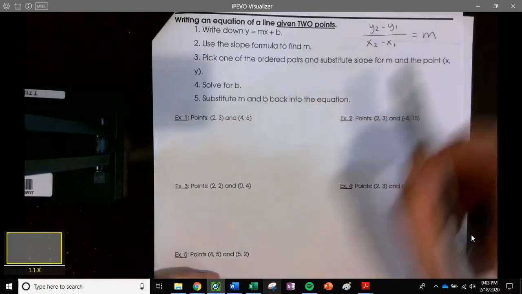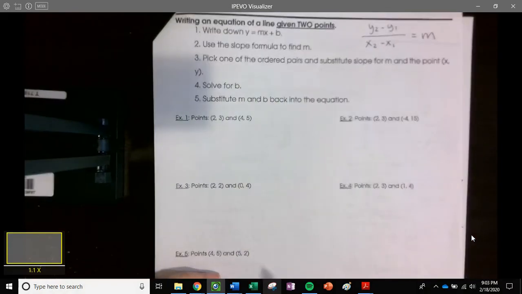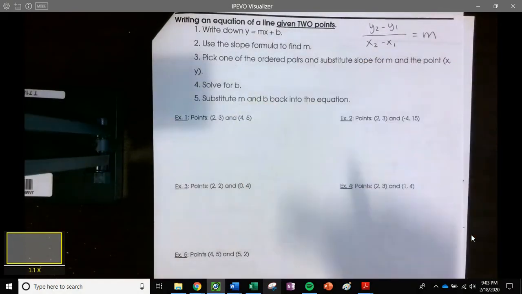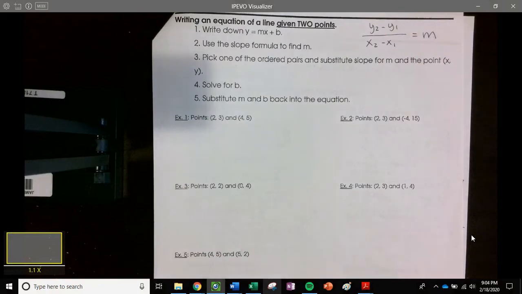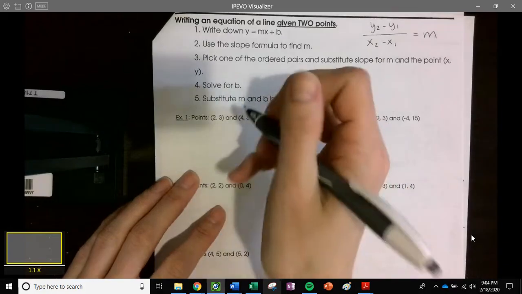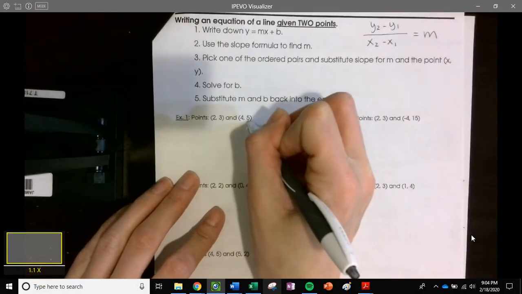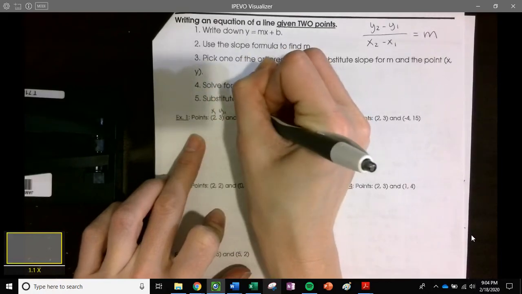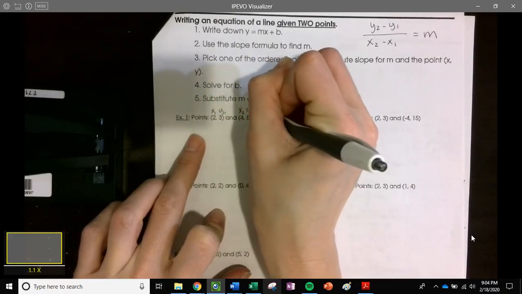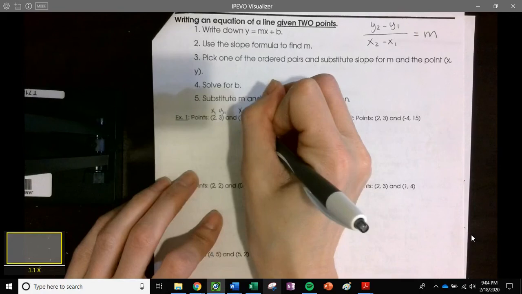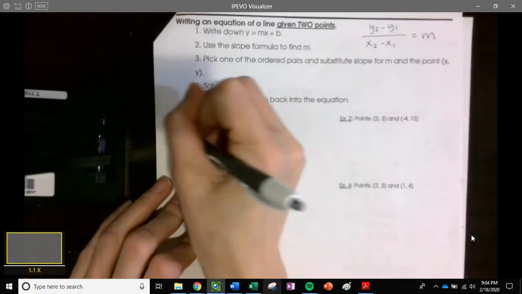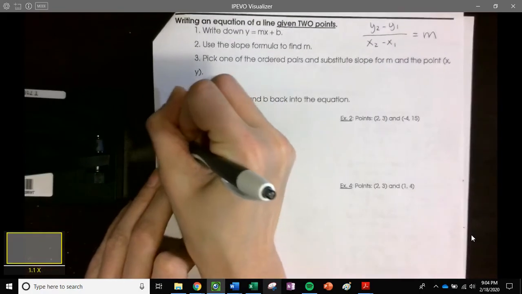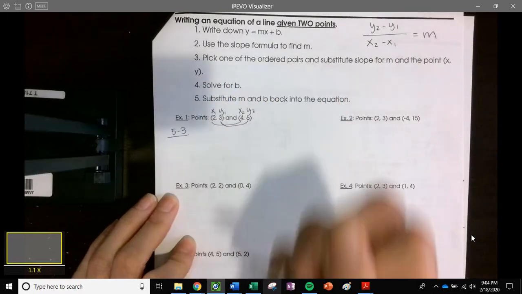And then, just like we did on the last page, we'll pick one of those points to substitute in and solve for b. So this is a little more work, but that's okay. We're all very capable. Example number 1, this is my x1 and my y1. This is my x2 and my y2. So I'm going to subtract 5 minus 3 over 4 minus 2.